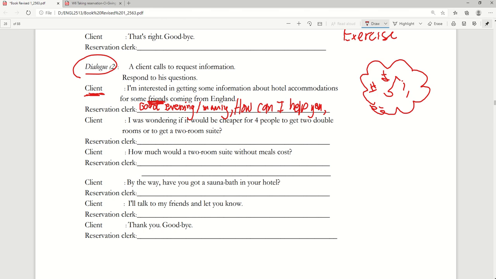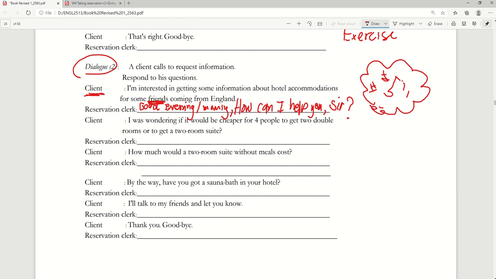A male or a female? Do you know that? No. So you can just imagine. So no, sir, sir or madam are acceptable in this dialogue.